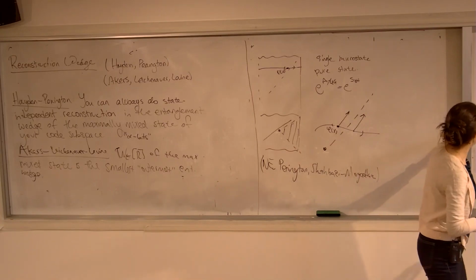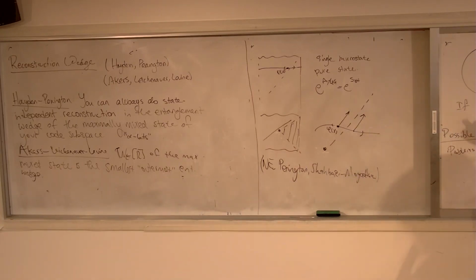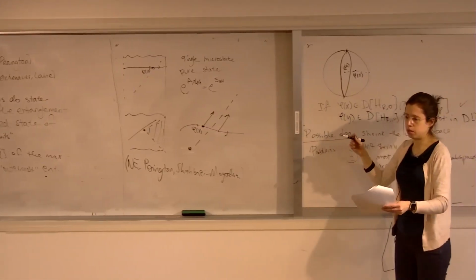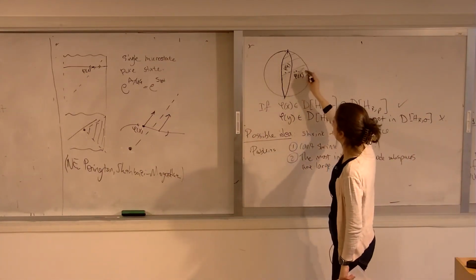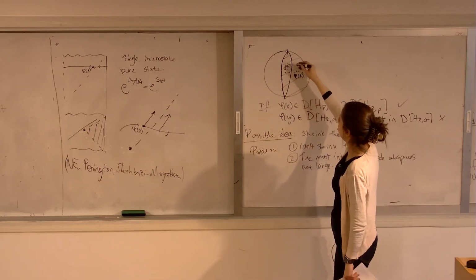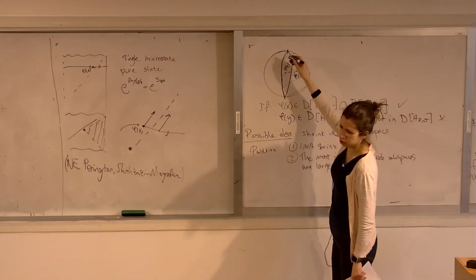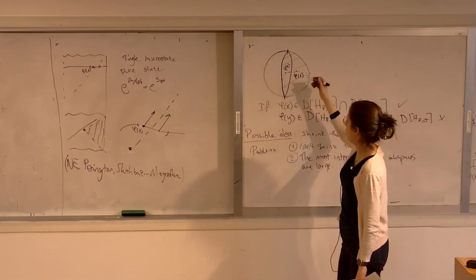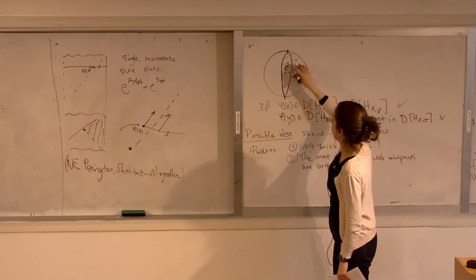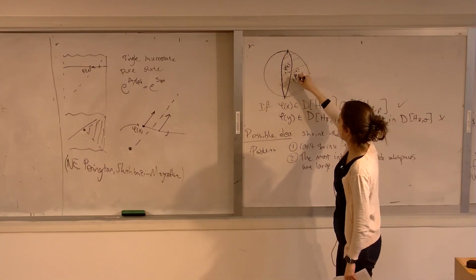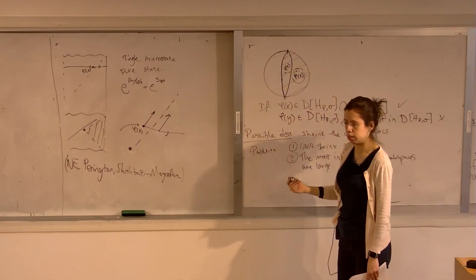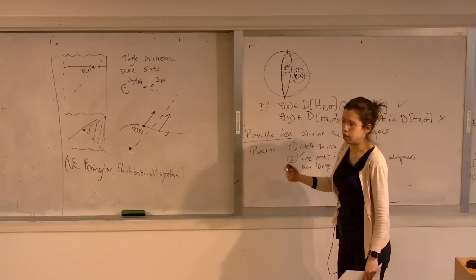So this argument here said, if this state is here, then we can do a reconstruction. If you want to think of it in terms of the relative entropy, you could say, well, I'll just take the state up here and imagine I can reduce it to this region. And then I can talk about the relative entropy of the state that was originally defined here and the state that I've now reduced to this region. So as long as this operator is defined in all of the states that I'm interested in, then I don't have a problem.